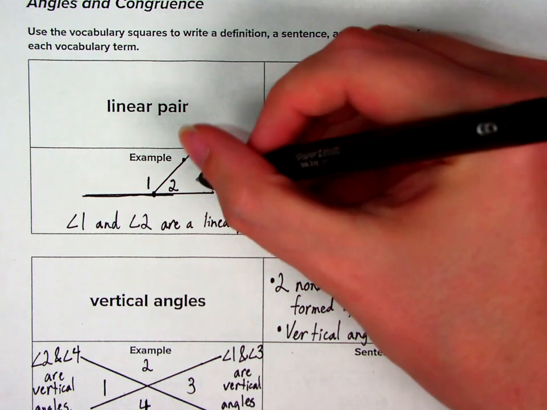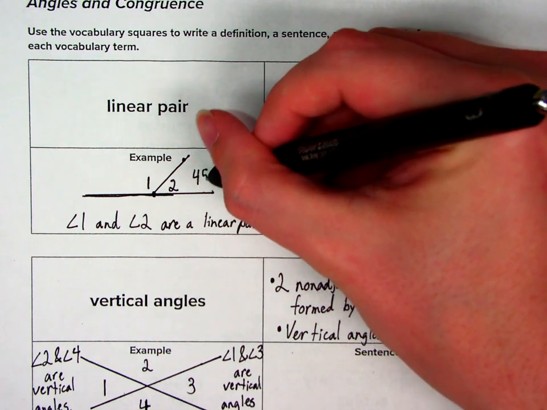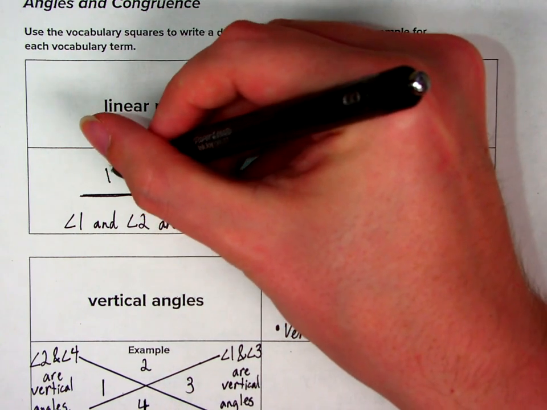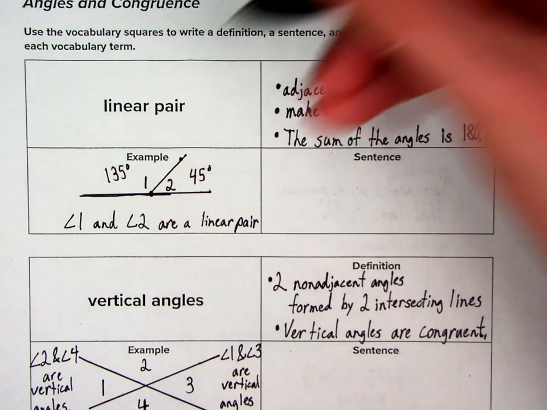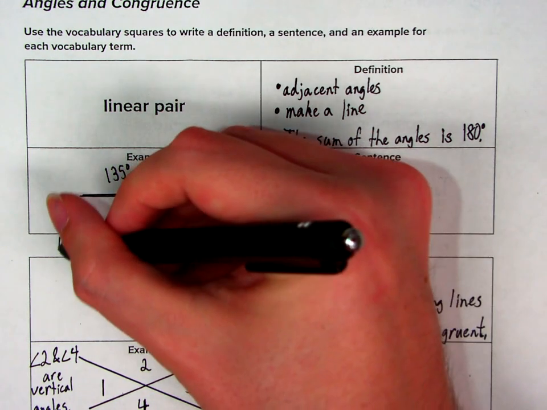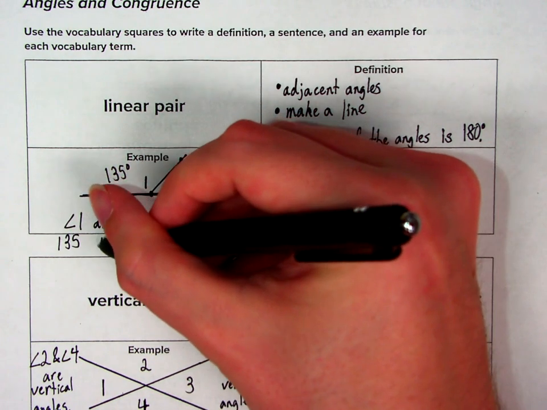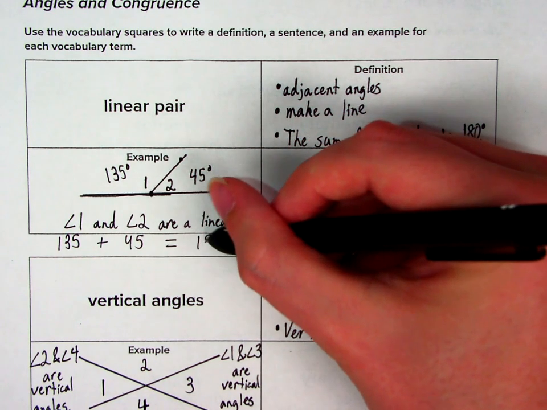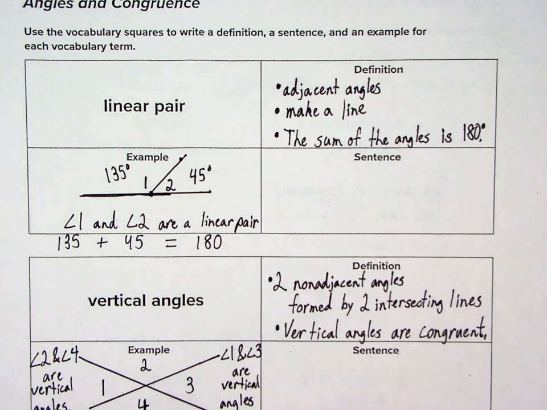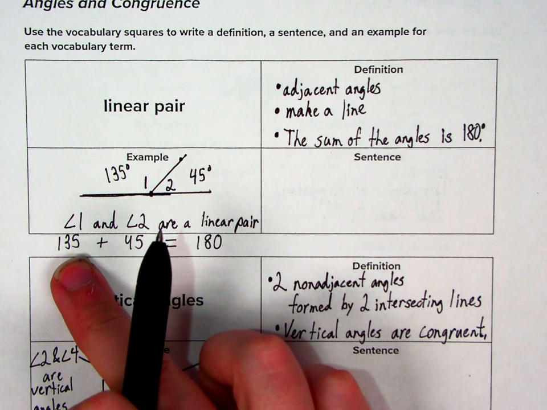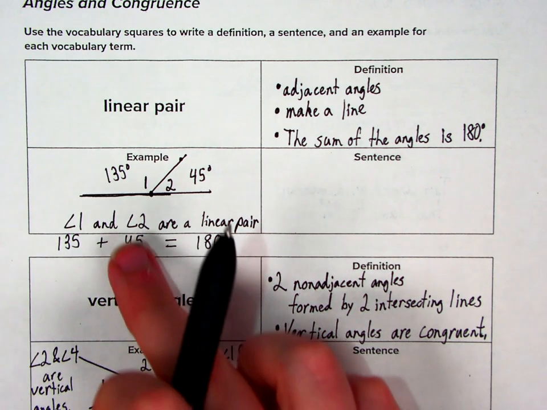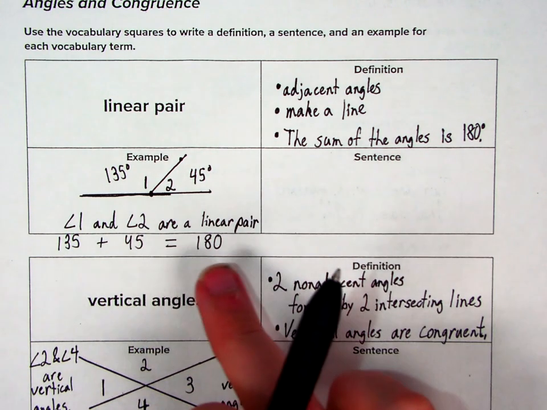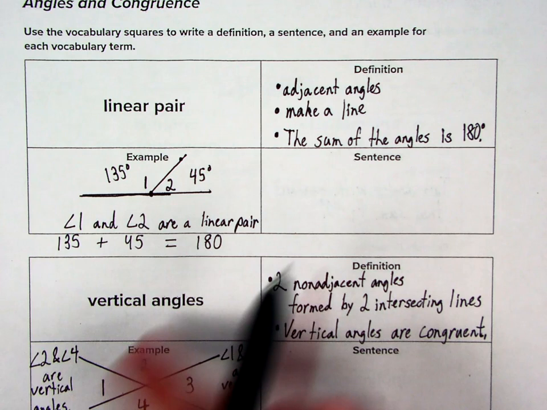So we might find through measurement that this angle is 45 degrees and this angle is 135 degrees. You'd see that 135 plus 45 equals 180. Angle 1, 135 degrees, and angle 2, 45 degrees, are going to make a straight line, which is 180 degrees.